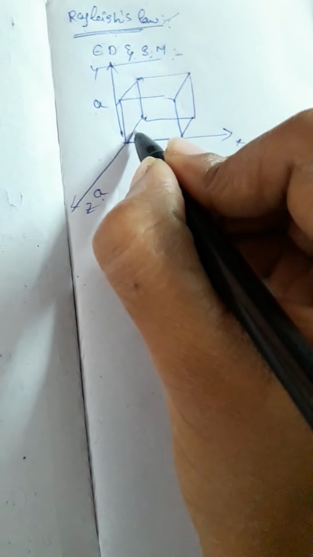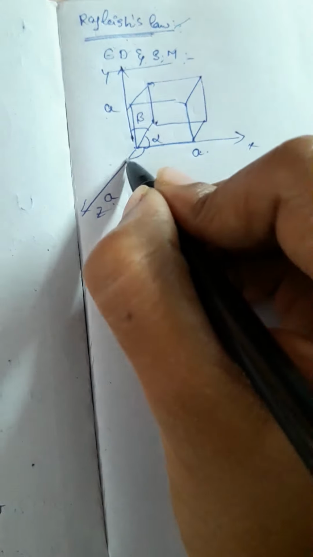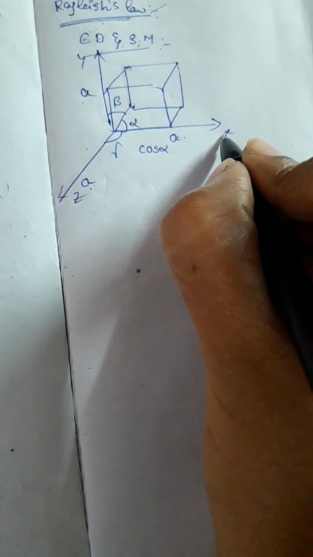The angle along the x direction is alpha, along the y direction the angle is beta, and along the z direction the angle is gamma. And we are considering the cosine laws also. Along the x-axis direction we are considering the cosine angle, that is cos alpha. Along the y direction the cosine angle is cos beta, and in the rest of the direction, that is cos gamma, we are considering. This is our assumption.